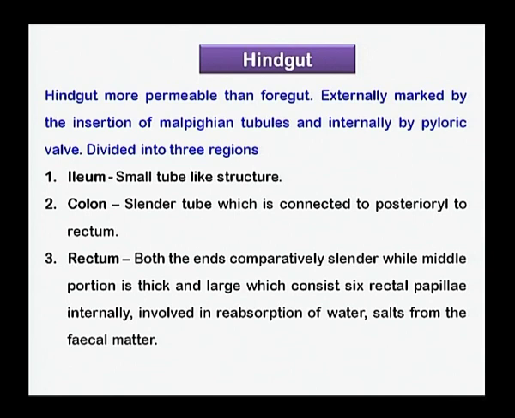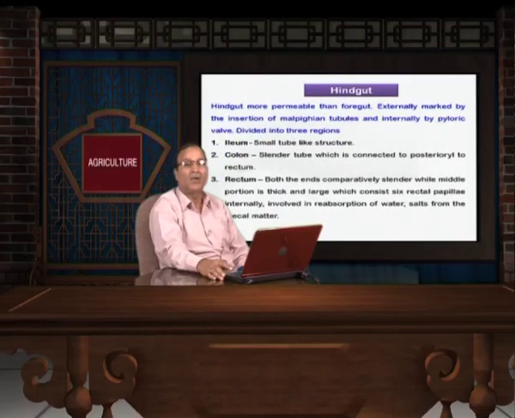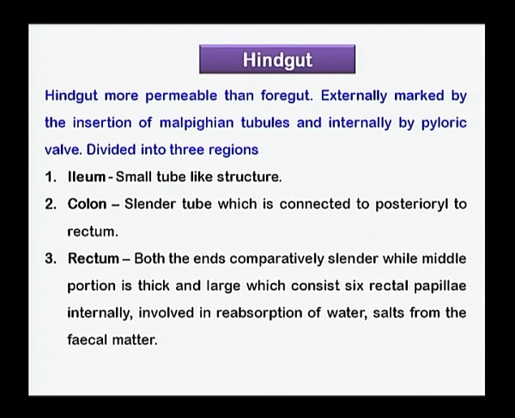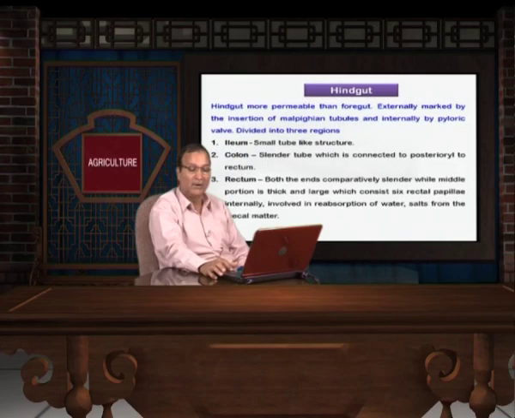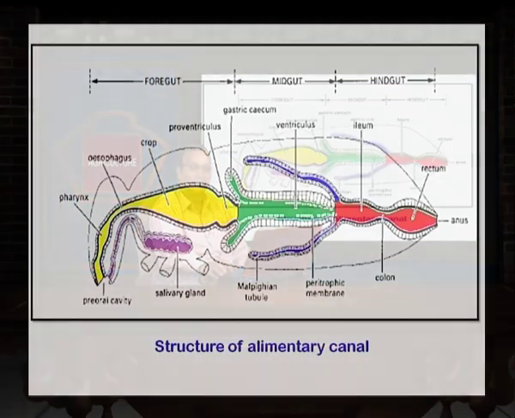The rectum is very important in insects because the surplus water has to be absorbed by the insect, and for that nature has provided six rectal papillae, or six pad-like structures, which are present in the rectum, and they help in the reabsorption of water and salts from the fecal matter, or the waste products which are going out from the alimentary canal through the anus.